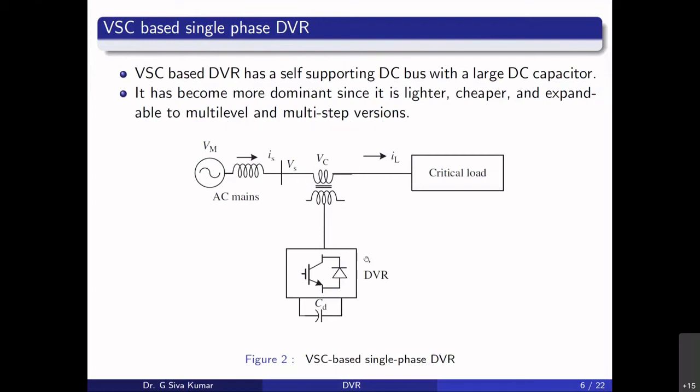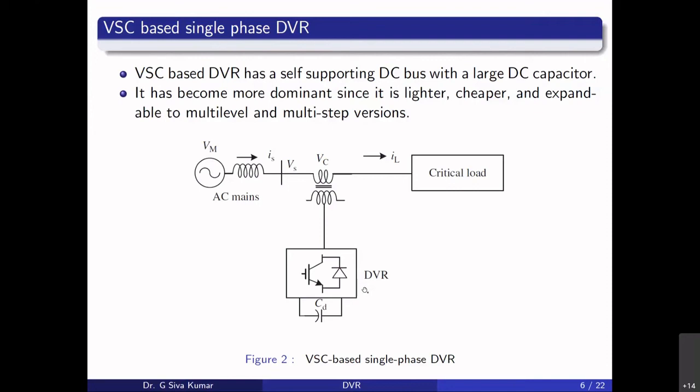Especially with respect to the inverter, there are different topologies. We can go for a higher level inverter, depending upon the power level of the distribution system, but generally a 2 level inverter is appropriate.